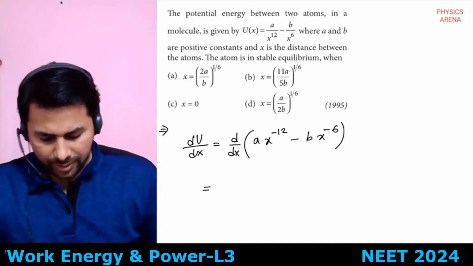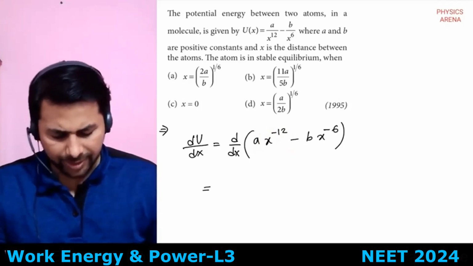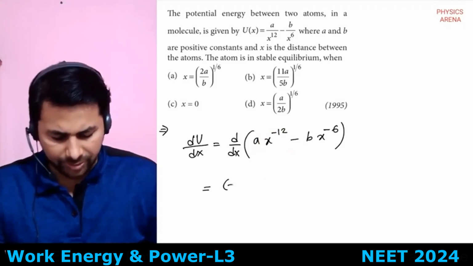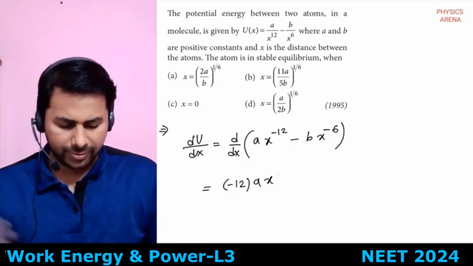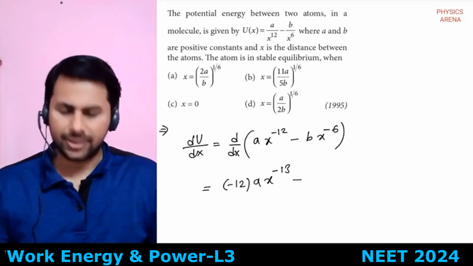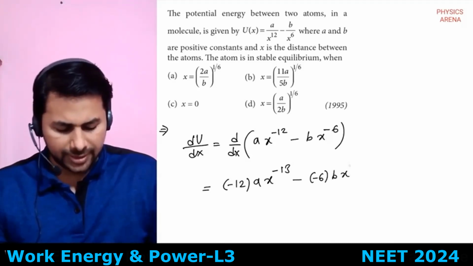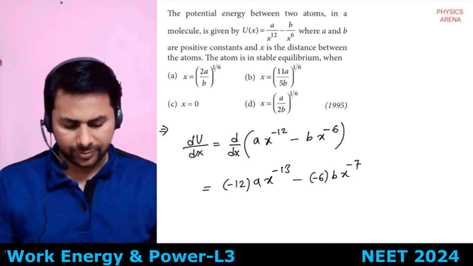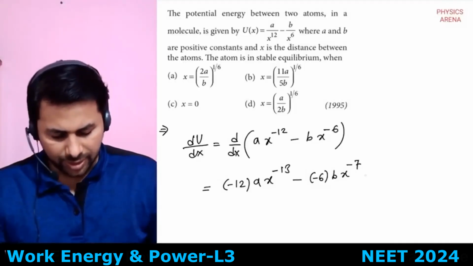So you have a multiplied by x raised to minus 12, its derivative is minus 12a times x raised to minus 13, minus 6 times b x raised to minus 7, and this is equal to 0.